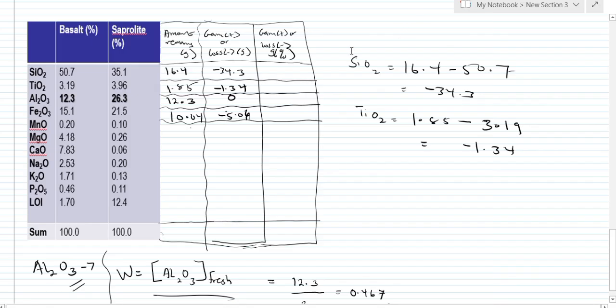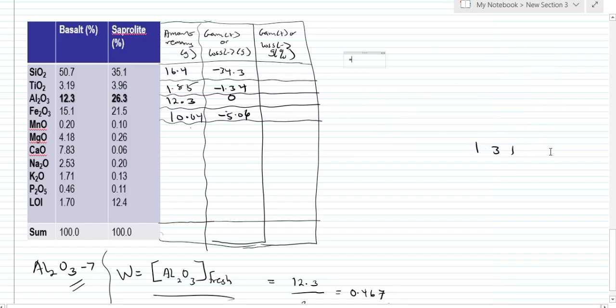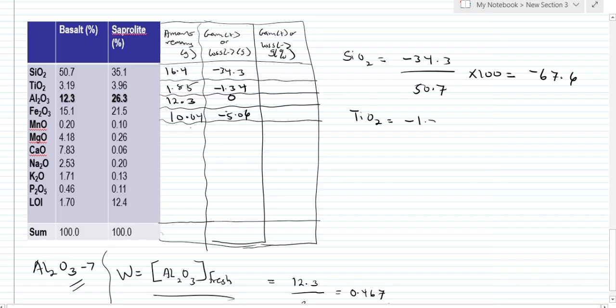Then finally, the gain or loss in gram percent. You simply have to divide the gain or loss in grams by the fresh, then multiply by 100. What do I mean by this? For SiO2, we have minus 34.3 divided by 50.7, then multiply this by 100, and that should be equal to minus 67.6. Then for TiO2, we have minus 1.34 divided by 3.19, times 100.